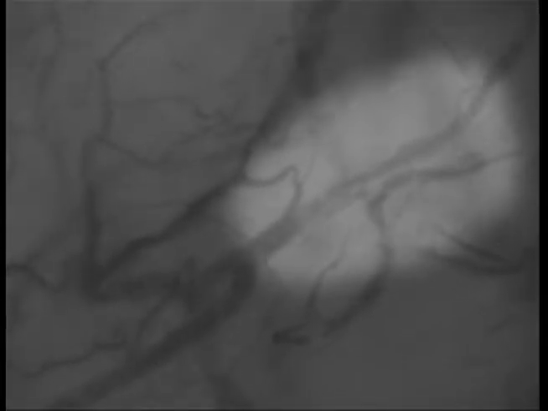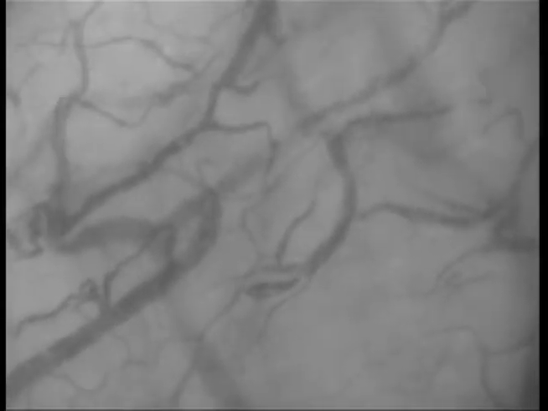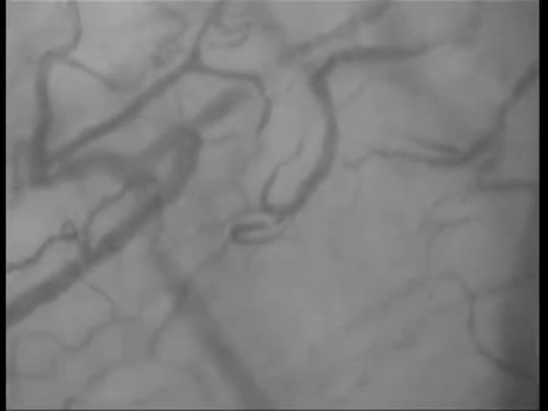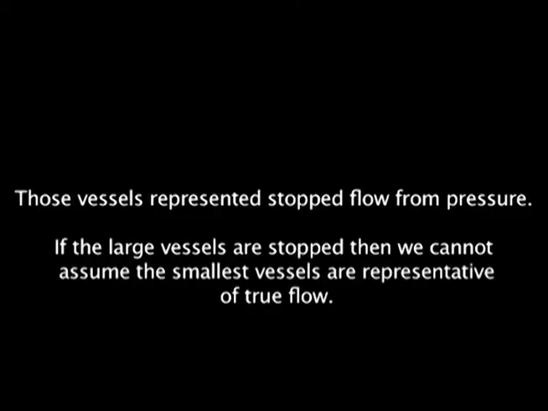Okay, we'll highlight those areas one more time. Those vessels represented stopped flow from pressure. If the large vessels are stopped, then we cannot assume that the smallest vessels are representative of true flow.